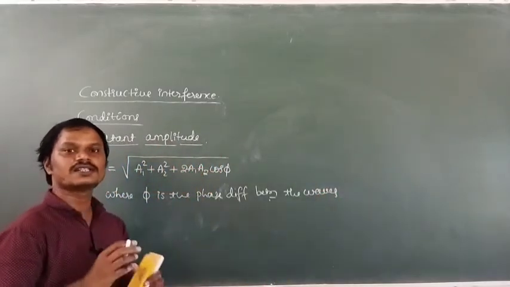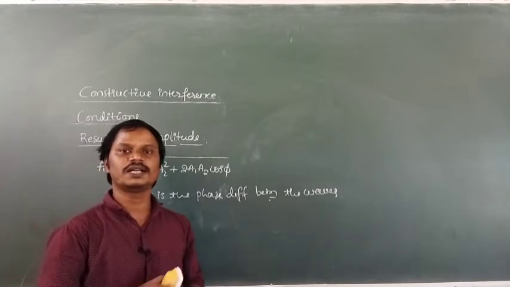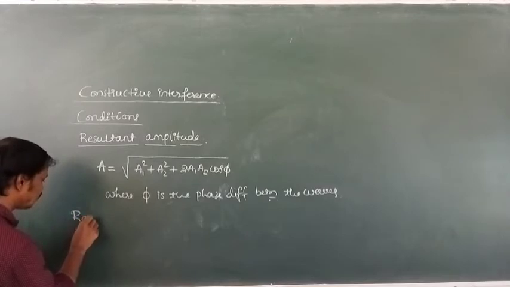Now, what about resultant intensity? One thing to remember, intensity is directly proportional to amplitude square. So next one, resultant intensity.